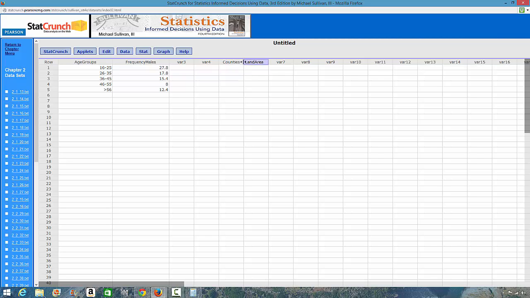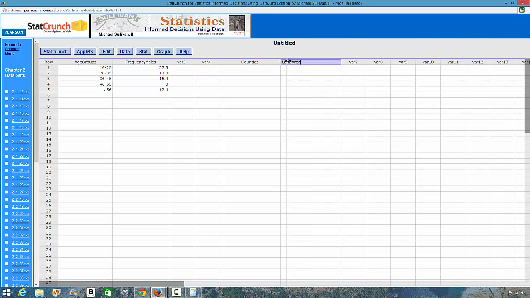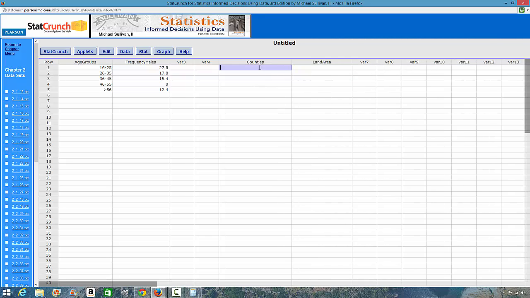I use camel case, and I don't want to put spaces in the naming of variables. So this is county 1, and the land area is 11305. You don't want to put a comma. Don't put a comma.